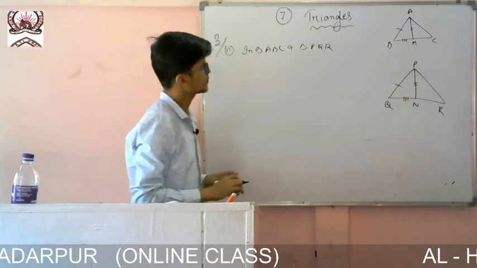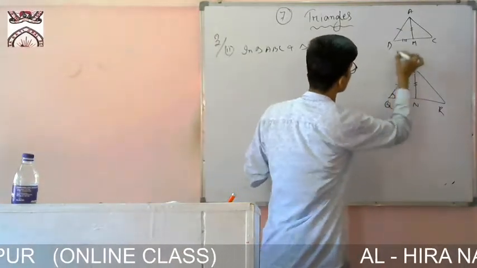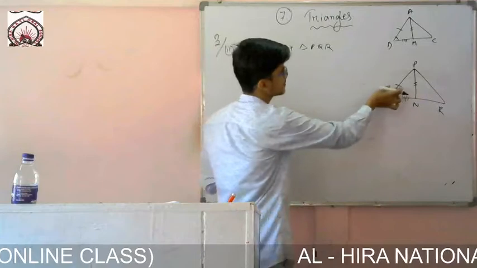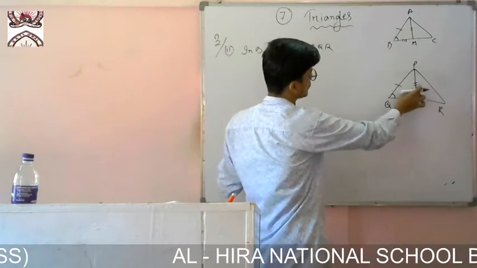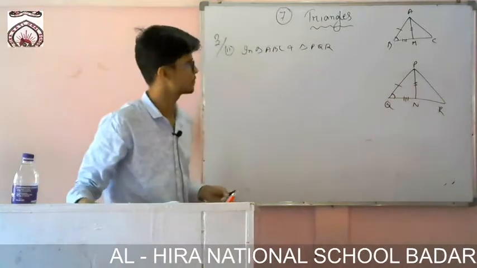Before that, let me show that these two angles are also equal, because I will get this side equal. If I get one more angle, then it will be easy for me.